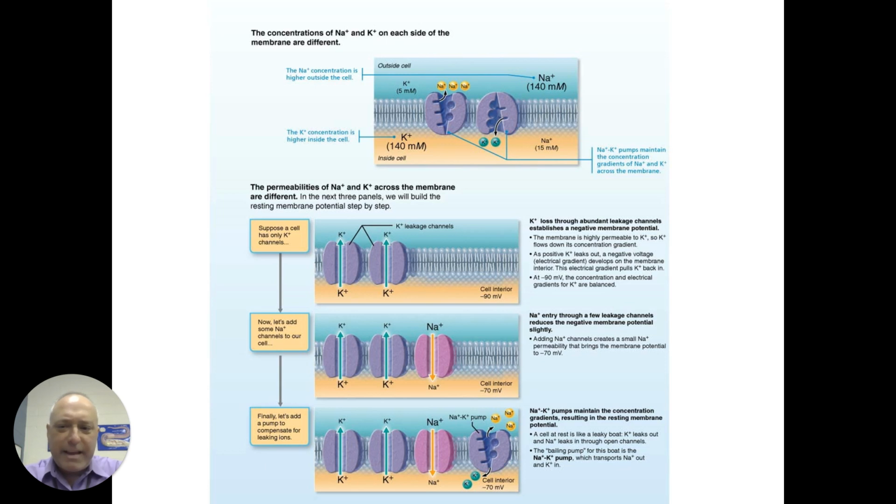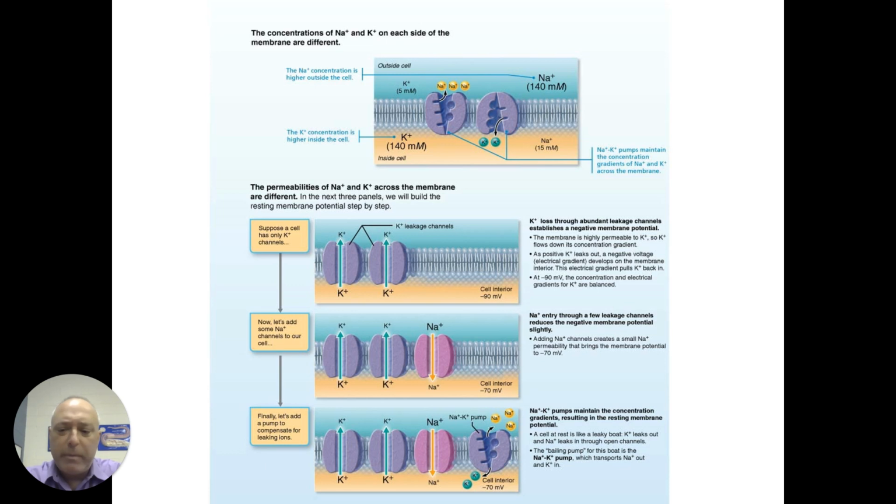Now it's interesting that creation of the resting membrane potential, or this minus 70 or minus 80 millivolt potential difference, is caused by the leakage of potassium out of the cell. Now, as you lose the positively charged potassium, the potential difference becomes greater inside the cell, becomes more negative, because you're losing a positive charge.